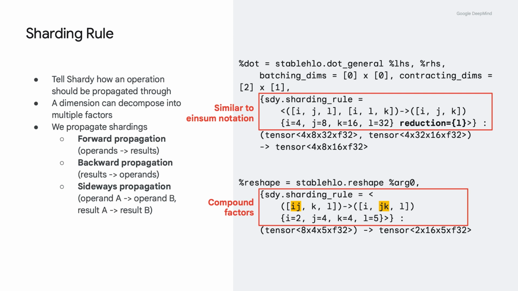And the other parts, the propagation and the partitioning, will heavily depend on the sharding rules to decide the result shardings and the collective operations we insert. In sharding propagation, we propagate shardings along three directions: forward directions, backward directions, and sideways directions. Sideways directions means that we propagate shardings between operands and between results.